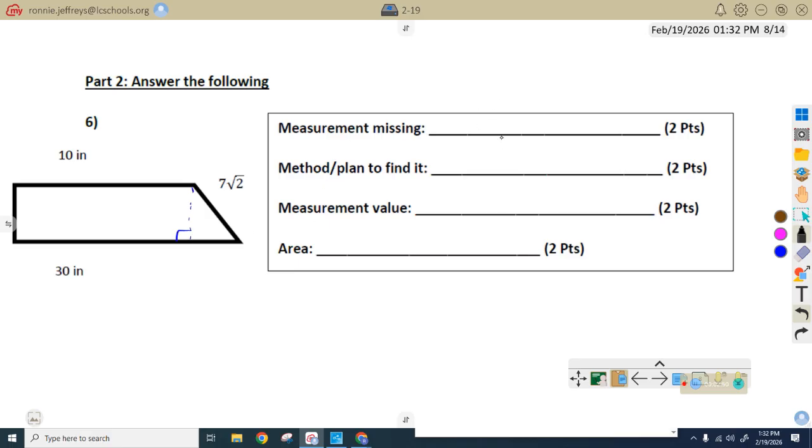Alright. What measurement is missing? Height. Okay, height. Or what could you write? H. Okay. Now, this should be a good indication about which method you're going to use. Alright, because this is root 2, what method are we going to use to find the missing length?